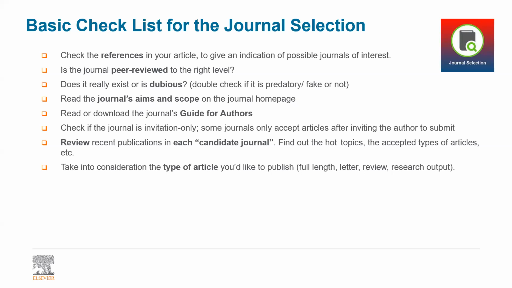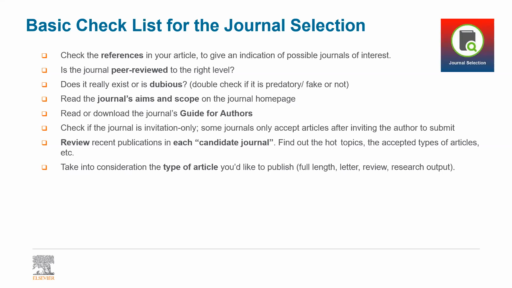I need to take into consideration the type of the article, and this depends on the methodology that you're trying to deliver and how you're trying to solve your problems and present your contribution in the best way in your article or in your manuscript.